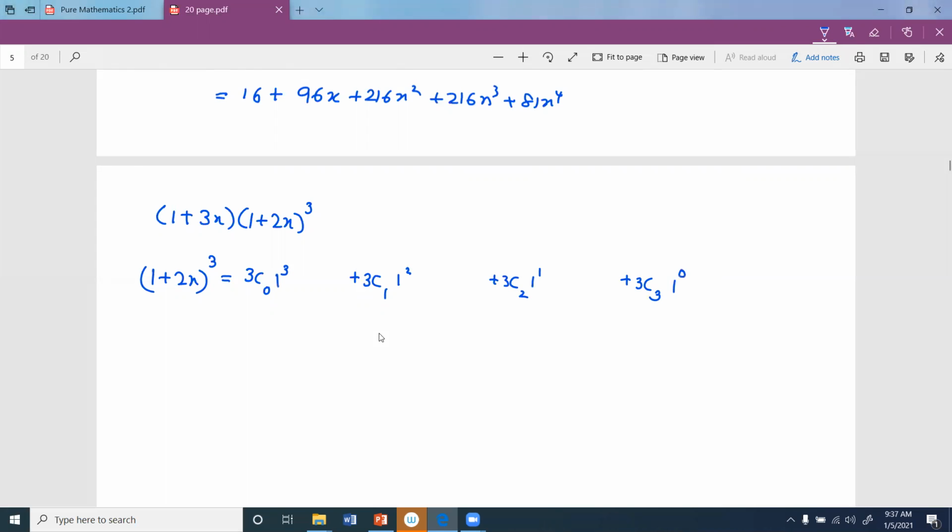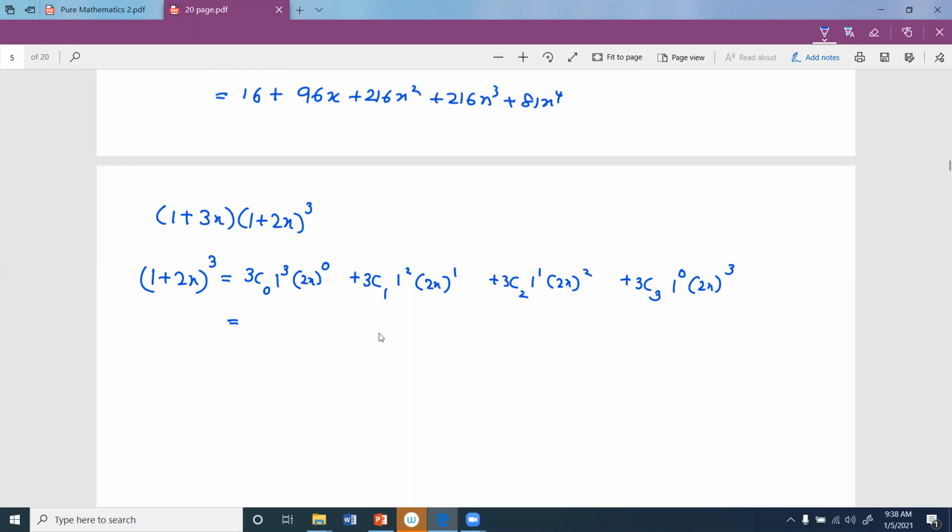Then the other term starts with the least power, 2x to the power 0, and if you do it perfectly, it ends with the highest power.